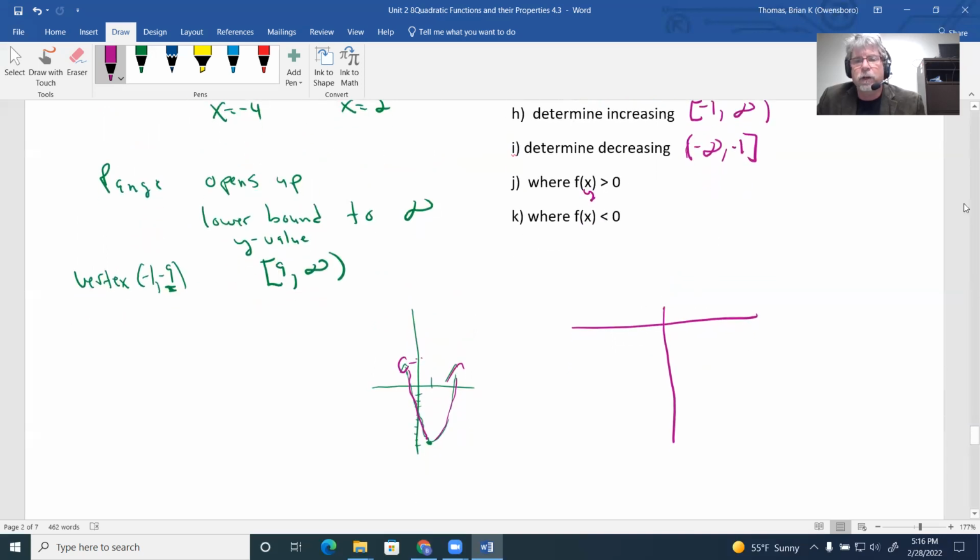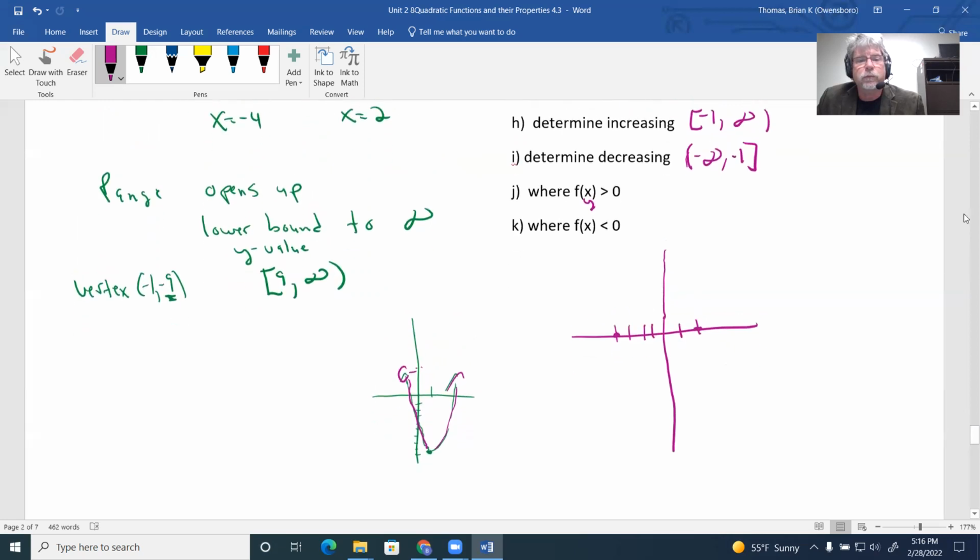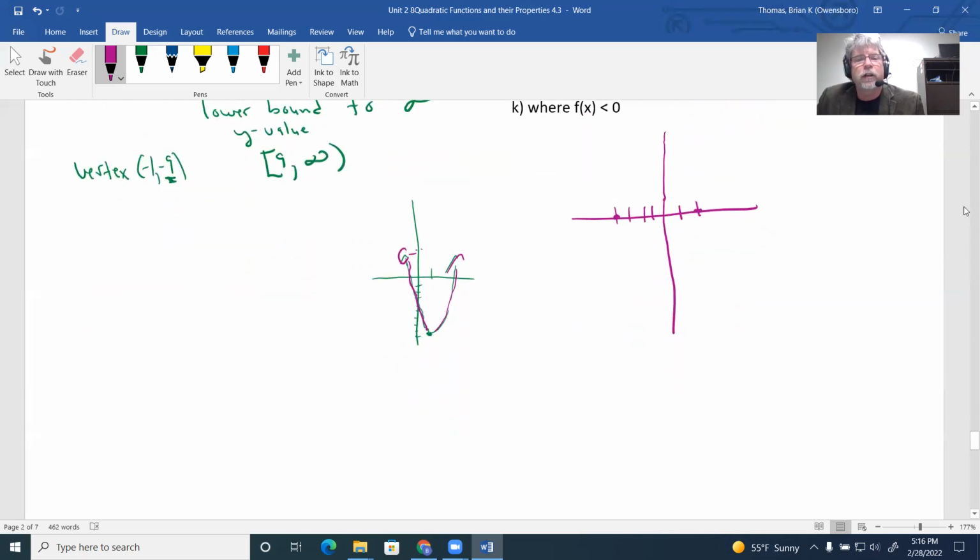So -4 was one of the x-intercepts, 2 was the other. I actually graphed this wrong. -1, -9 is not there, is it? I did it backwards again. So let me just bring that all over here. So the vertex is actually -1, -9.